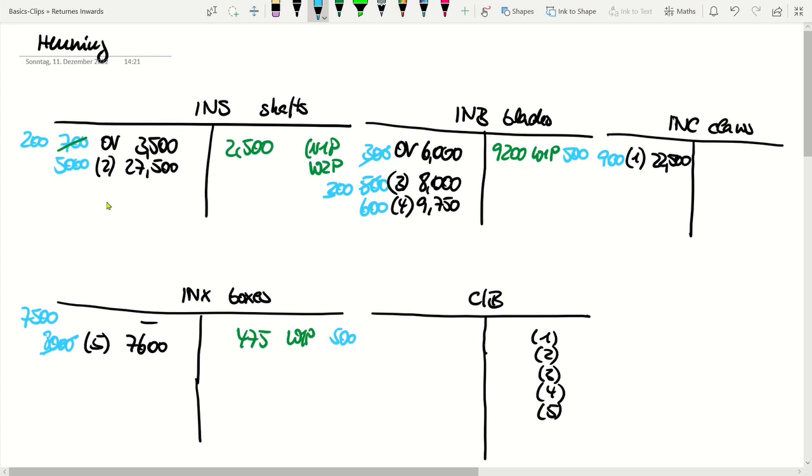500 shafts will be taken to the extent of 200 from the opening value, plus 300 which we multiply with the price from the first purchase.